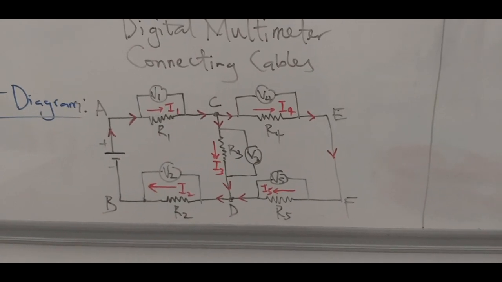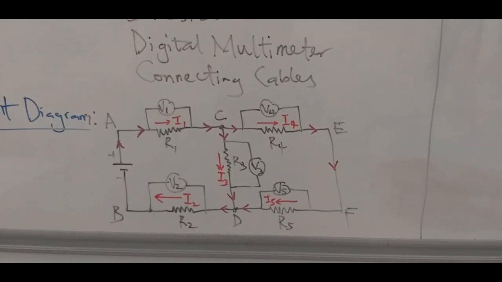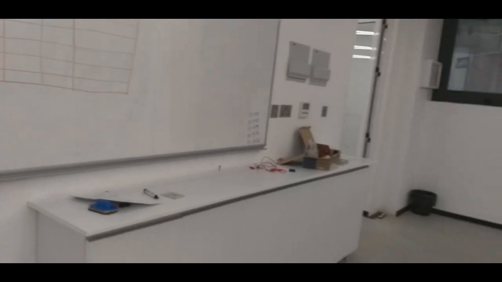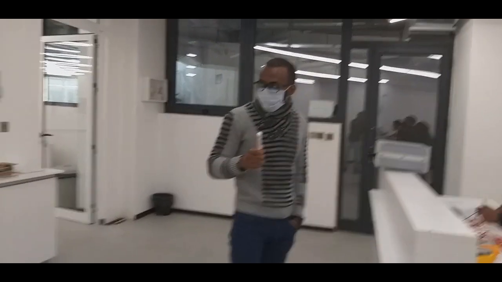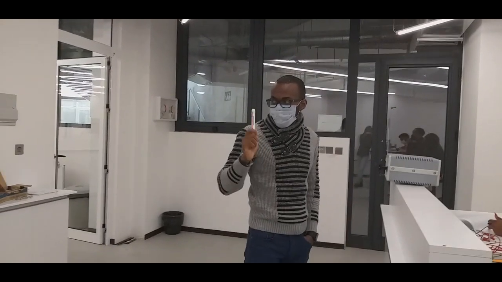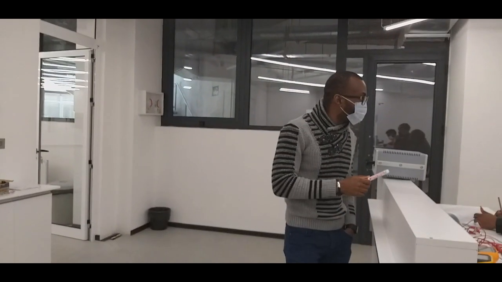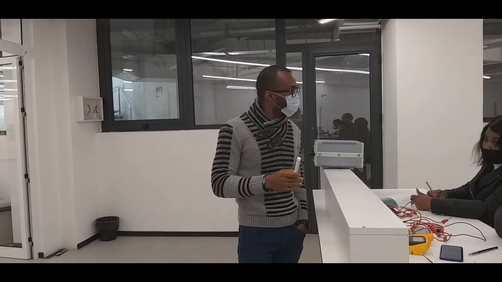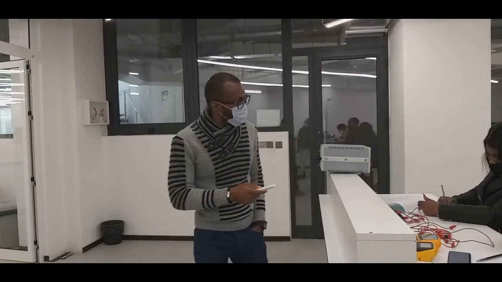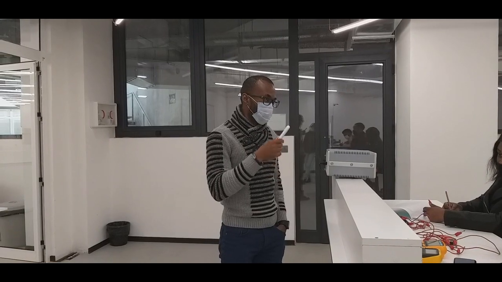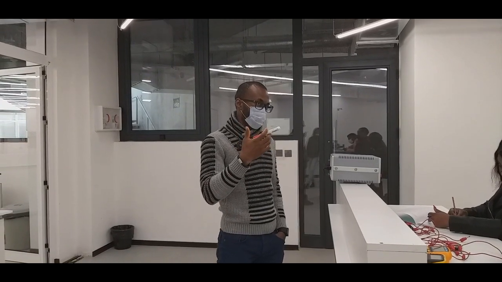As you can see on the circuit diagram on the board, we have 5 resistors interconnected. We have R1, R2, R3, R4, and finally, but not the least, R5. All of them have different resistances. For your R1 and R2, we're going to be measuring them just like we have been doing in previous experiments.